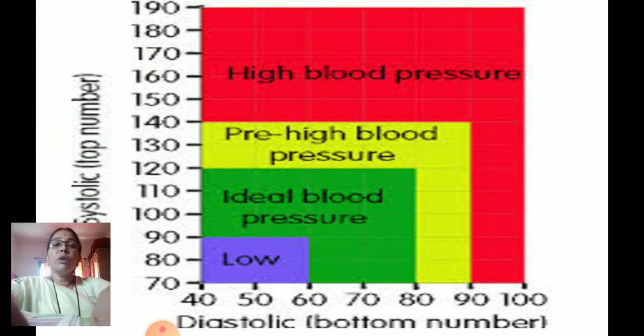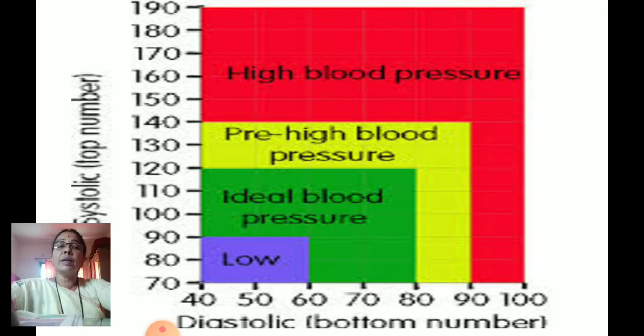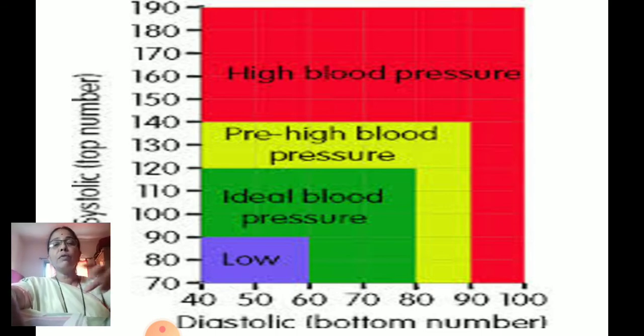Now we are going to talk about one more important thing, that is the blood pressure. Blood is flowing inside our vessels. Two types of vessels are there, arteries and veins, that you know. Pressure is there when anything is flowing. Suppose water is flowing through a tube, and if there is a lot of pressure, there is pressure on the walls of that tube.